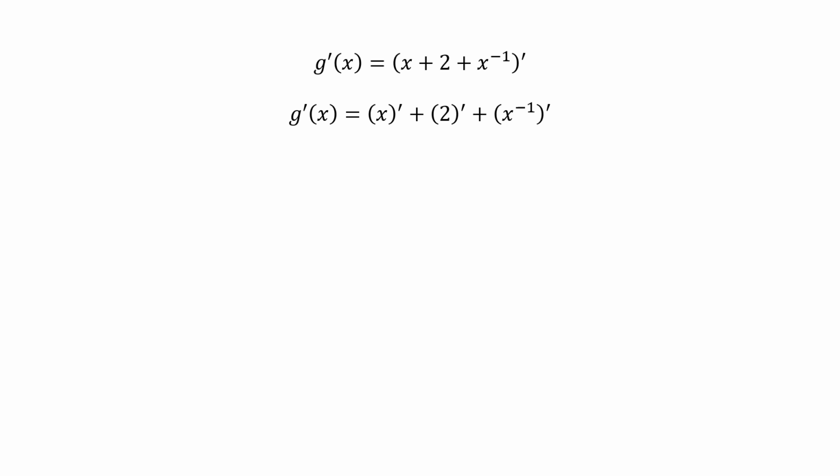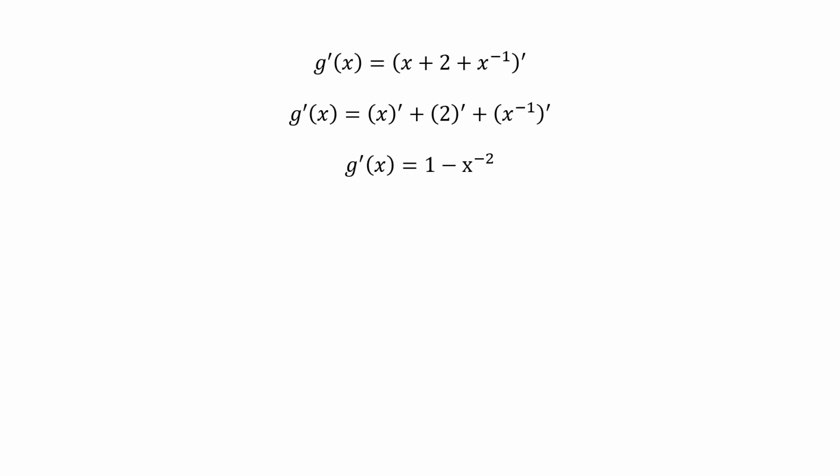The first function was differentiated in the first example, and its derivative is 1. The second function is a constant, and as we previously discussed, the derivative of a constant is 0. Lastly, the third function can be differentiated using the power rule, giving us negative x to the negative 2.